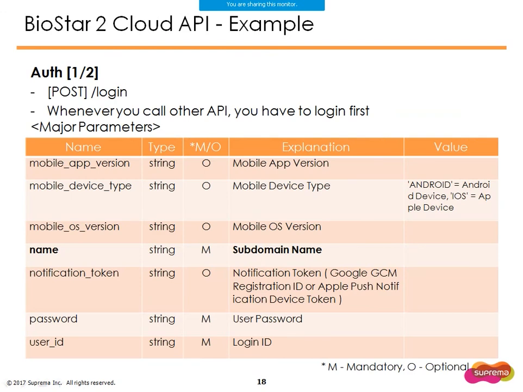Let's see the example of Biostar to Cloud API. From now on, we'll learn about major API. Firstly, it is login API. In general, whenever you call other API, you have to log in first.